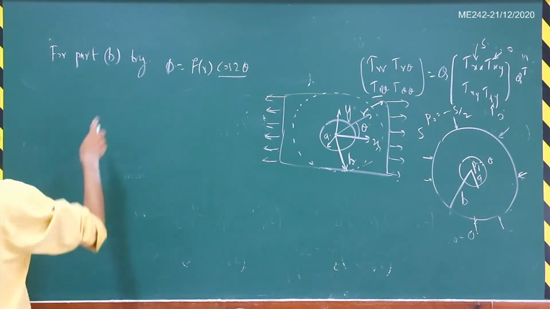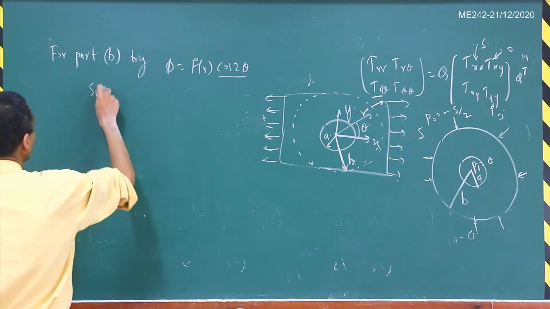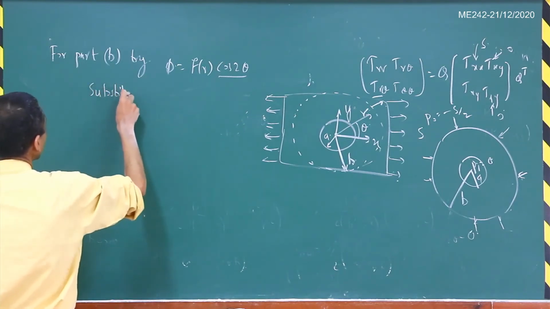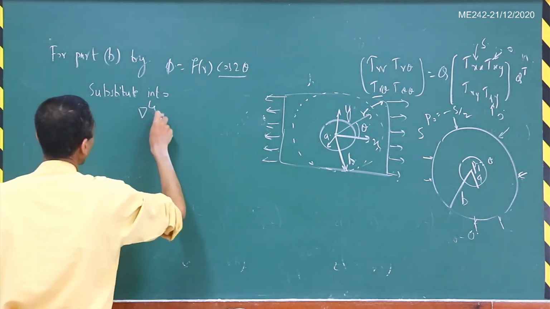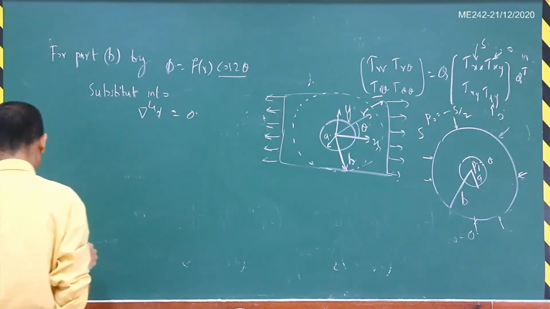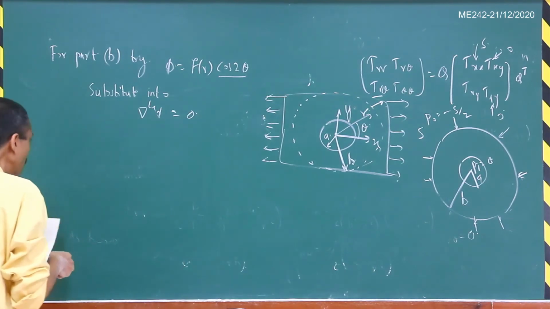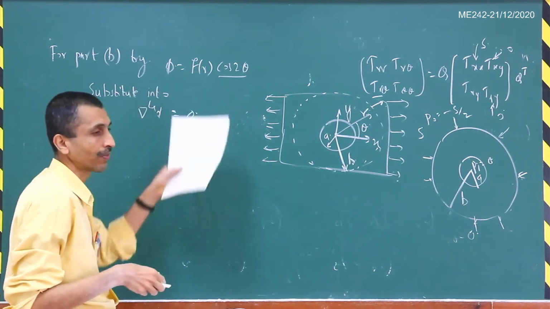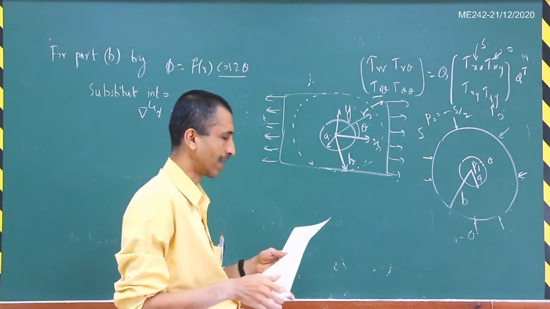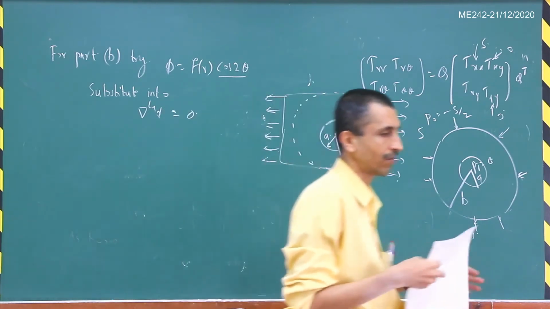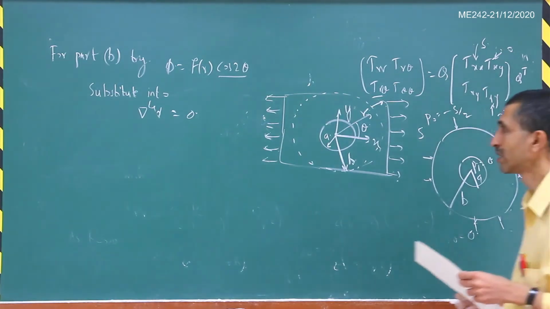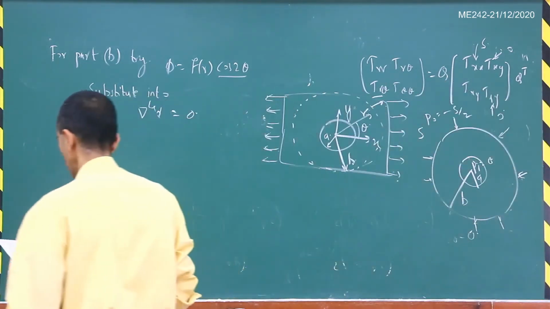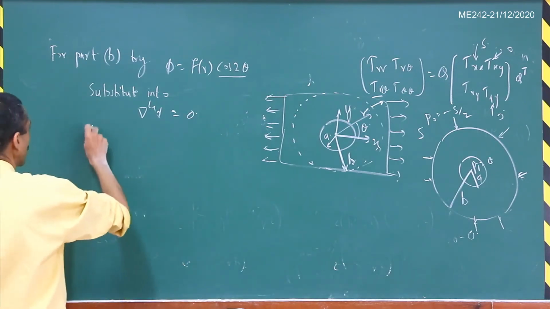And then if you substitute this into del raised to 4 phi equal to 0, you will get a differential equation for f of r. And then you will get the general solution.